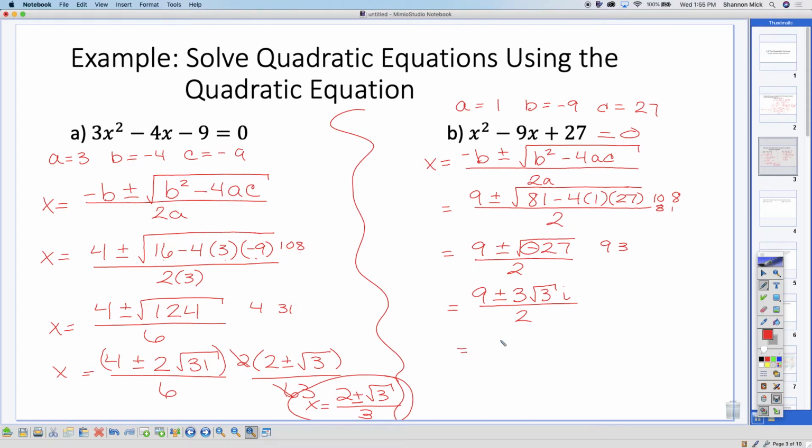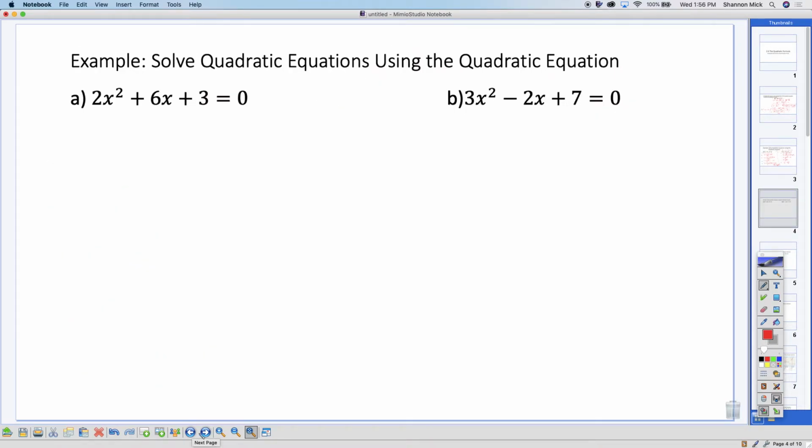So it has to be 9 halves plus or minus 3 square root of 3 over 2 I. Anytime I have an even root of a negative number, there's going to be an I there to take care of the negative, right? Good? Yep.